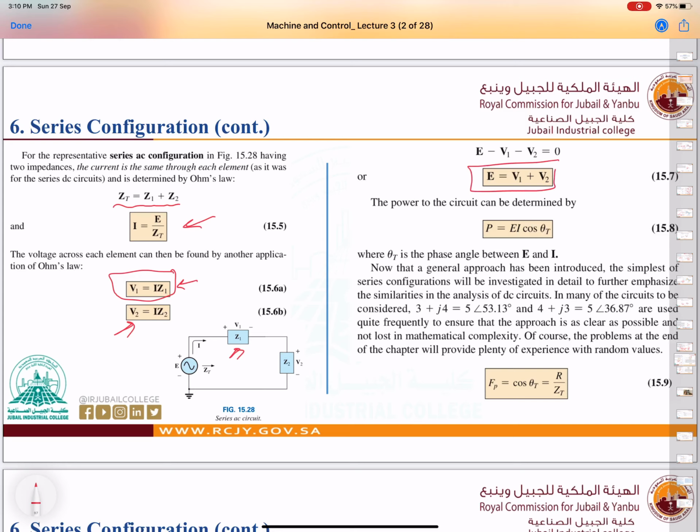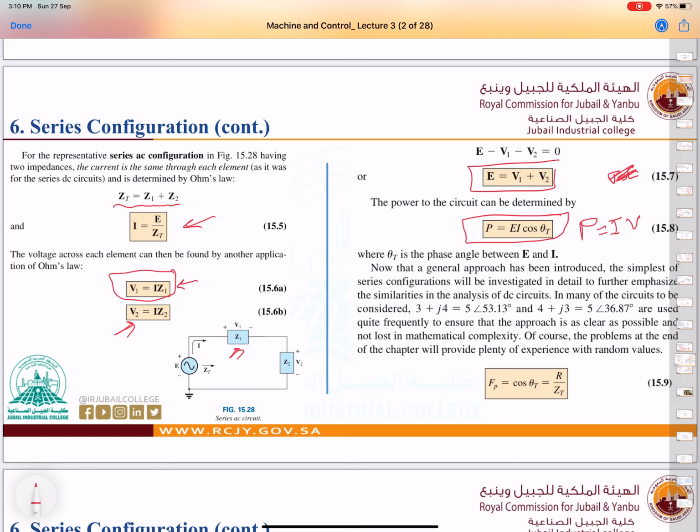Now, for finding the current is for finding the power. Again, from circuit 1, power is IV. V is the same as E, the same induced voltage. So don't confuse yourself.